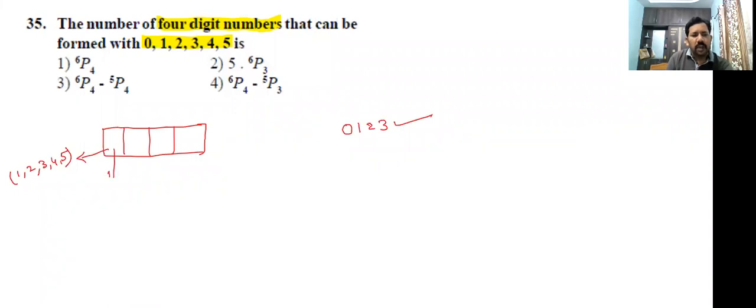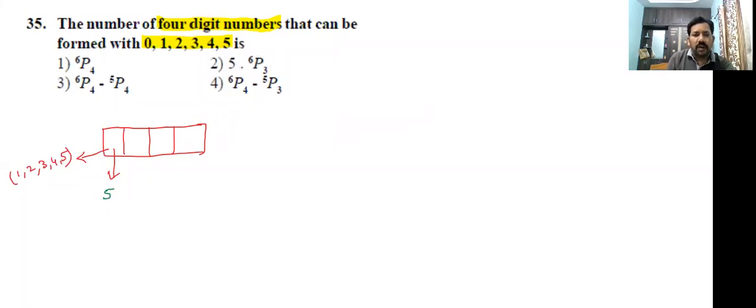That means how many chances are we getting? There are 5 chances. But here repetition is not allowed. So 1 digit is completed out of 6 digits. How many digits remain? 5 digits.